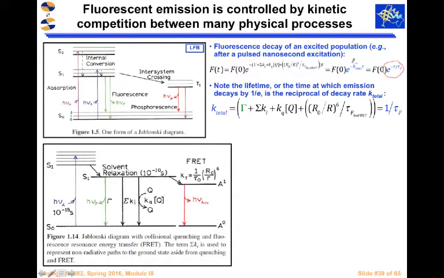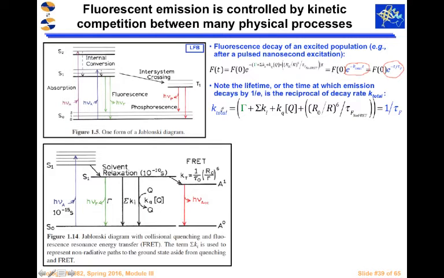It's just looking at the relationship between the exponential decay process expressed in terms of a first order rate constant and the exponential decay process expressed in terms of lifetime, the time it takes to get to 1 over E of the initial value. Just by comparing these two equations, you can see that the kinetic rate constant is equal to 1 over the lifetime, right?